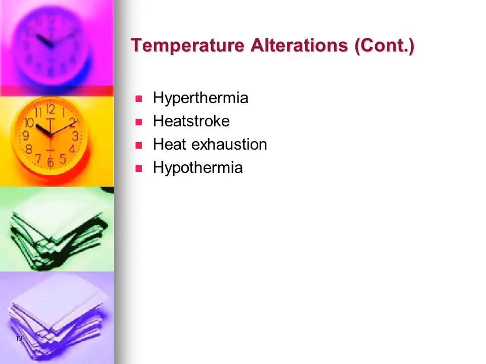Hypothermia occurs with exposure to cold. The body temperature drops and the body is unable to compensate. When skin temperature drops below 34 degrees Celsius or 93.2 Fahrenheit, the patient suffers uncontrolled shivering, loss of memory, depression, and poor judgment.